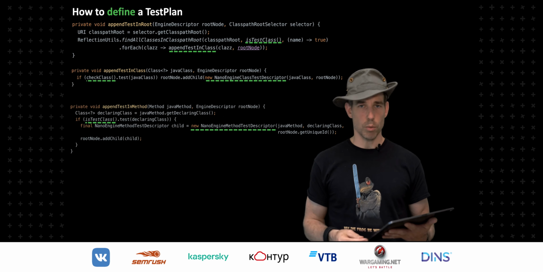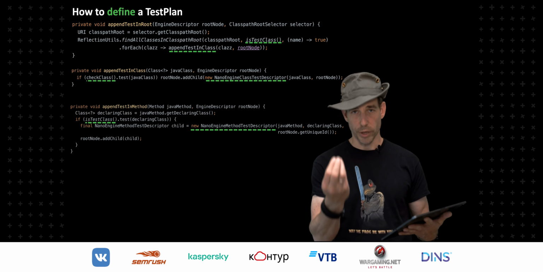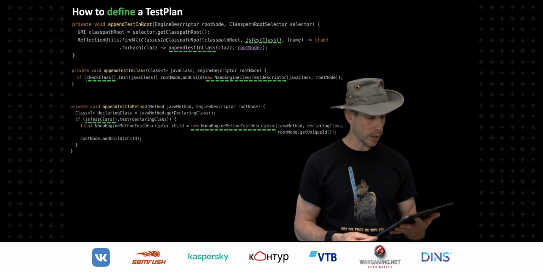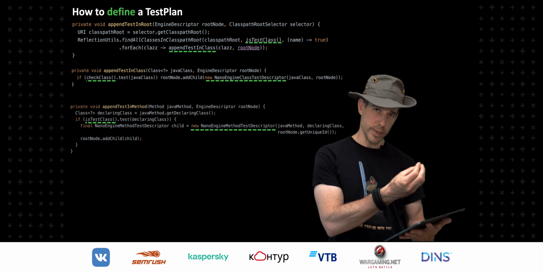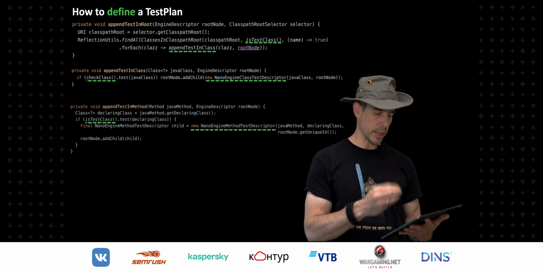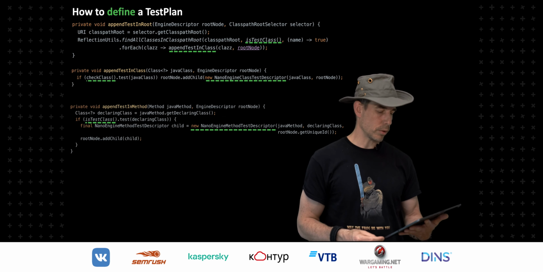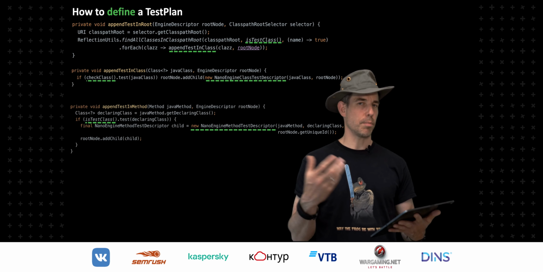One class after another is provided, and the predicate you provide is invoked. If it is successful, you get the class itself, filtered. You have just the classes matching the predicate isTestClass, and then you can append them to your test plan.